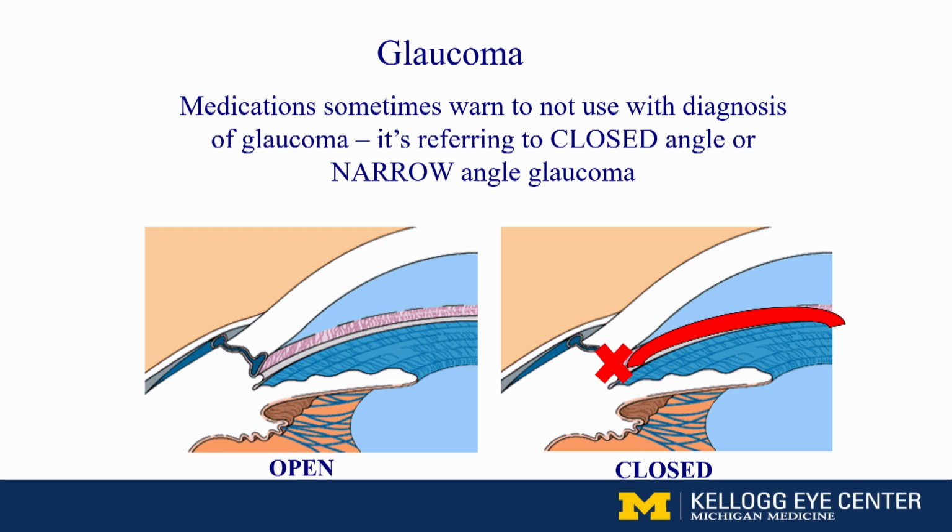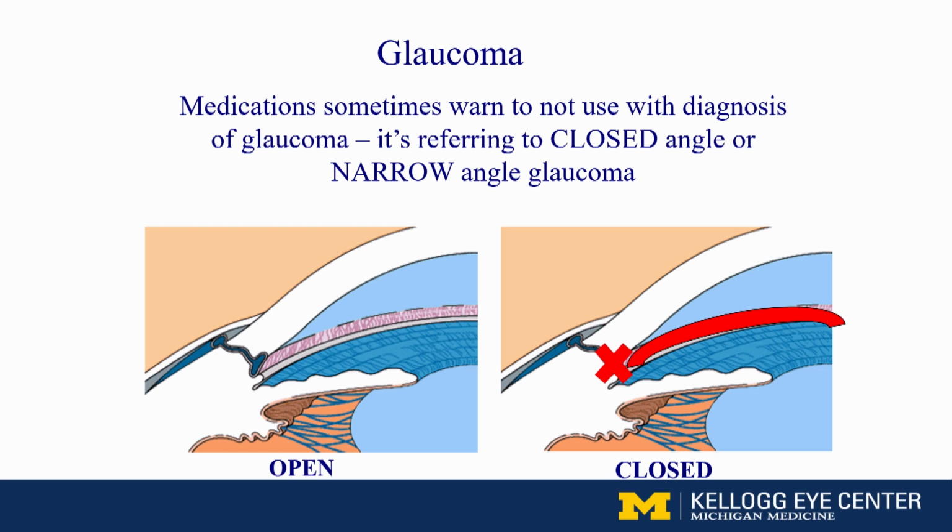So I'm going to try to orient you here. If this is the eye, and here's that clear window of the eye, the cornea, and here's the iris, which is the colorful part of the eye. Where these two structures meet is called the angle. It's pink here. And the angle is where we have a drainage system, the trabecular meshwork.